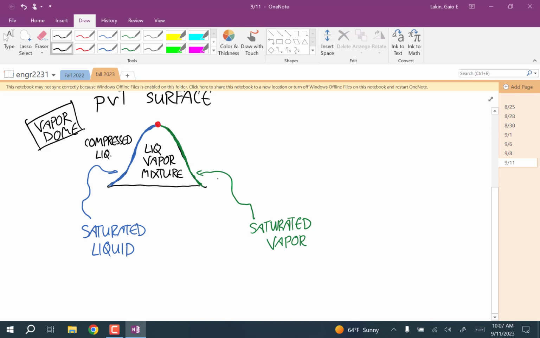And to the right of the vapor dome, we have a superheated vapor. So it's important to remember this stuff. If you look at that vapor dome, remember what those five regions represent, because this saturation thing is going to be important.